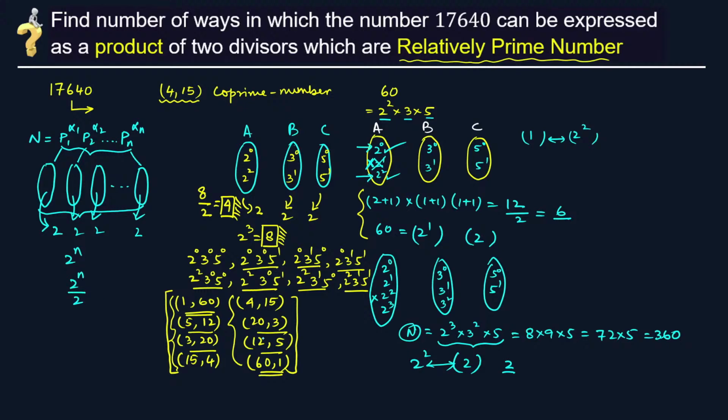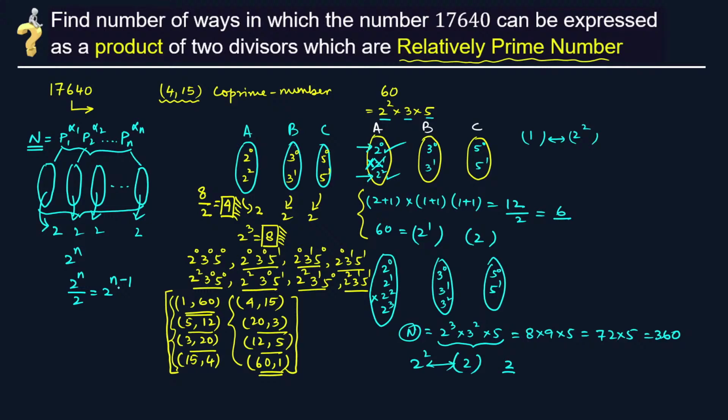Just now I have explained, because the pairs will get repeated. Therefore, the total number of co-prime pairs will be 2 to the power n minus 1. What is n? n is the number of primes involved in the prime factorization of the natural number. Is it clear to everyone?